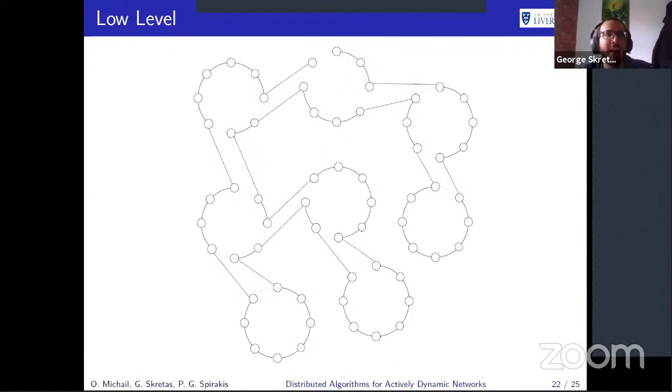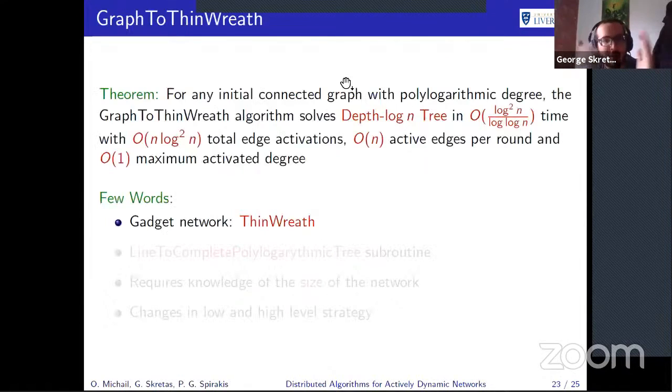So if I do that, I will have managed to merge my committees by keeping the log n degree. So this is basically this improvement of the algorithm. I sacrifice some time because I have log n diameter that I need for communication, but I get a much better degree.